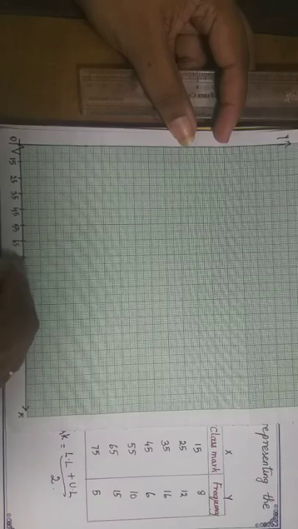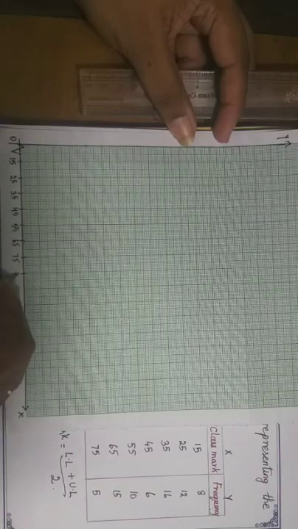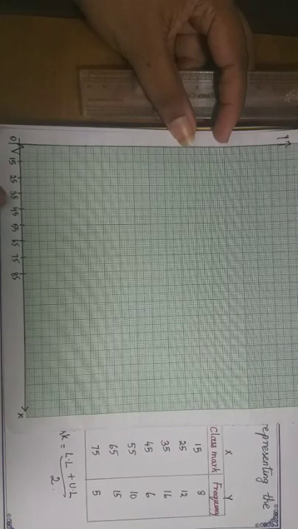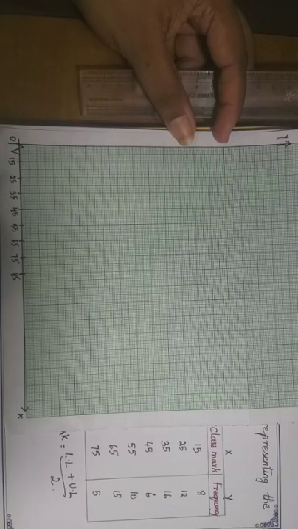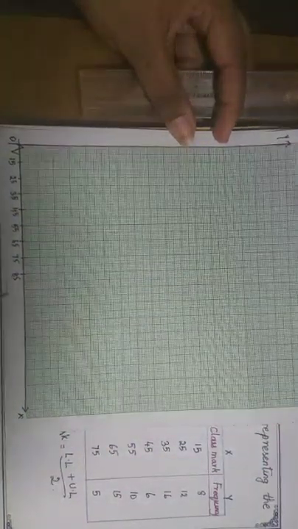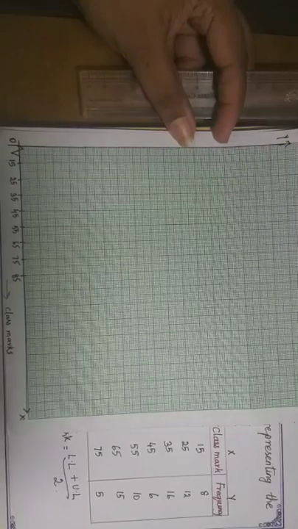Because here we are going to start with 15, 25, 35, 45, 55, 65, 75, 85. It goes like this. Here the class sizes are the same, but at the starting point it is not equal, so it denotes the missing division. So this symbol is called the kink. And on the y-axis, the x-axis will be the class mark, and here it will be the frequency.